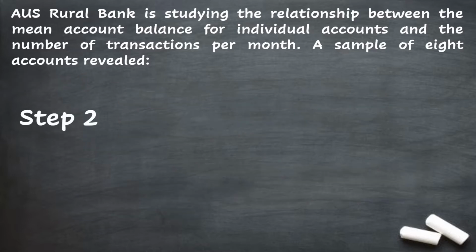For step 2, for problems under Pearson-R correlation, we have to identify the alpha level, the number of tailed tests, and the degrees of freedom. For the alpha level, as you can see, it is not stated in the given problem. So if the alpha level is not stated, then automatically the alpha level is 0.05.